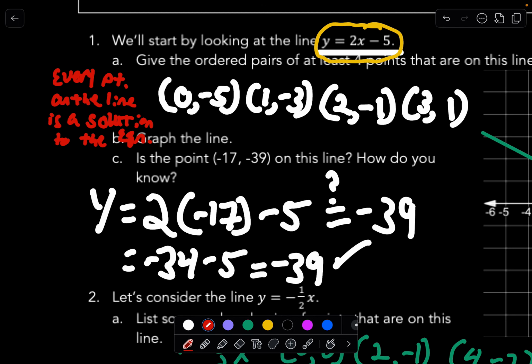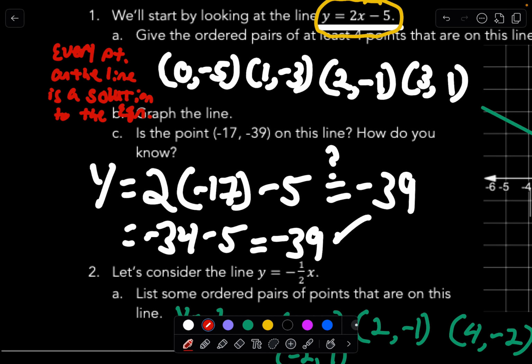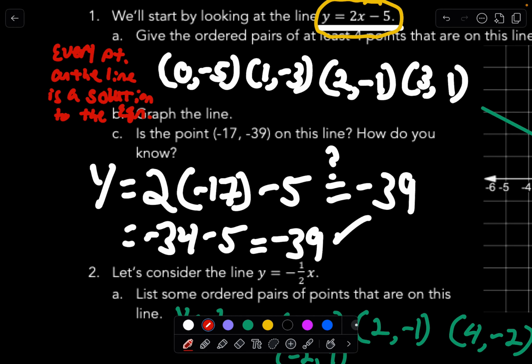So that's number one. We saw that for C, yes.